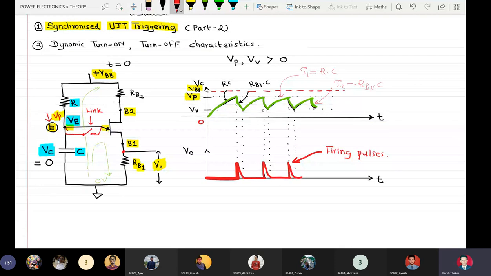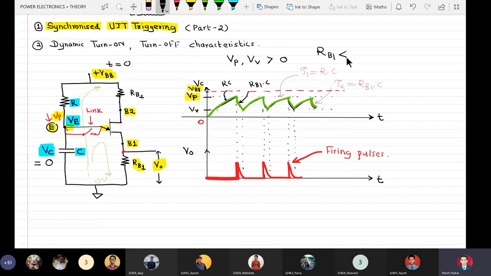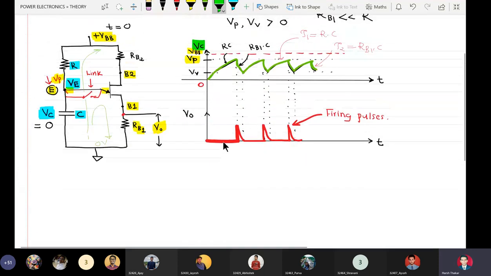Please note that the value of RB1 is much less than R. That is why the charging time is much larger compared to the discharge time. Now this is what is happening across the capacitor. What we have drawn here is the capacitor voltage VC. But what happens at the output voltage VO?